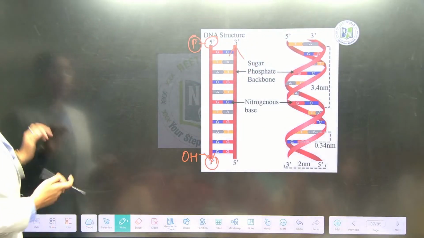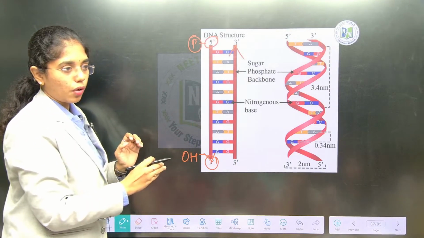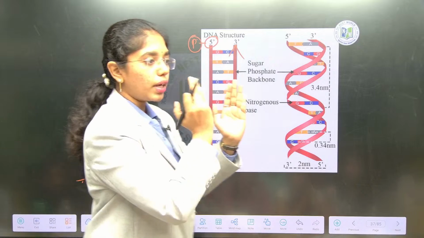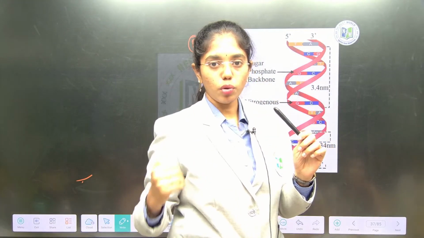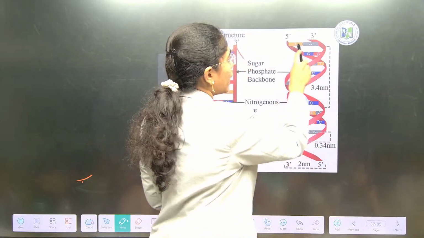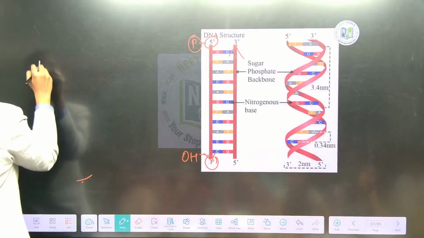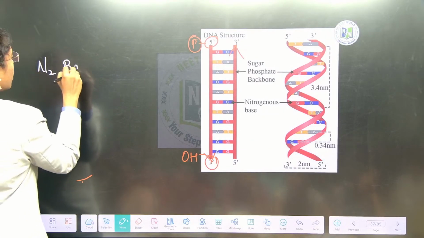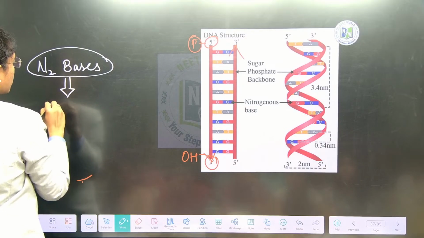Fine. So, when a double helical structure is formed, the backbone of the double helical DNA will be sugar phosphate group. At the center, nitrogen bases will be present. These nitrogen bases are connected by hydrogen bonds.